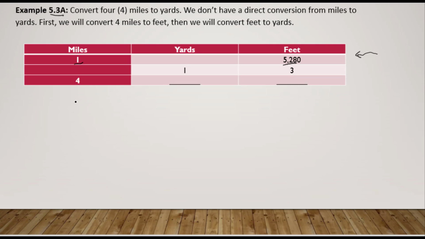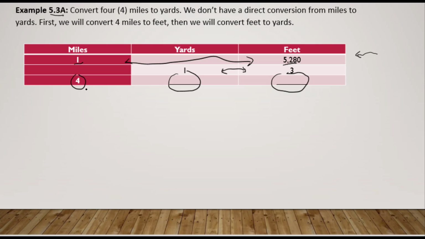Let's start with what we know. We're going to change 4 miles into yards and then into feet. Let's see what we have to work with. We have this conversion, 3 feet is 1 yard, and this conversion, 1 mile is the same as 5,280 feet.